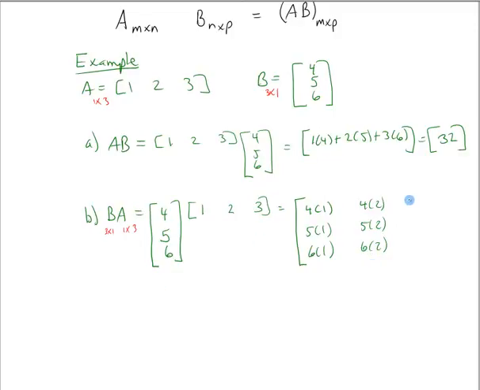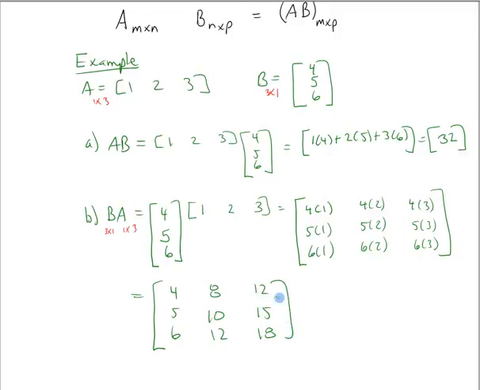So I'll have 4 times 3, 5 times 3, and 6 times 3. So this is a 3 by 3 matrix. Let's go ahead and write out what it will look like when I actually multiply those values out. I'll get 4, 5, 6, 8, 10, 12, 12, 15, 18. This is my solution matrix.